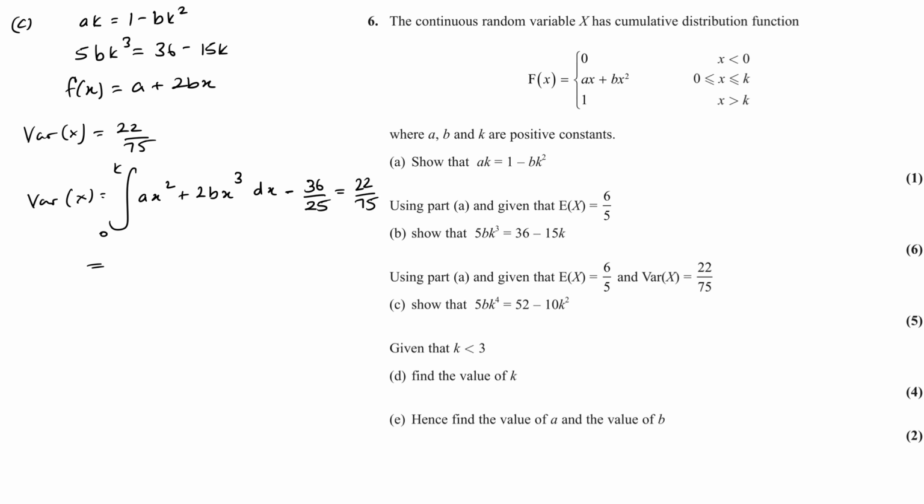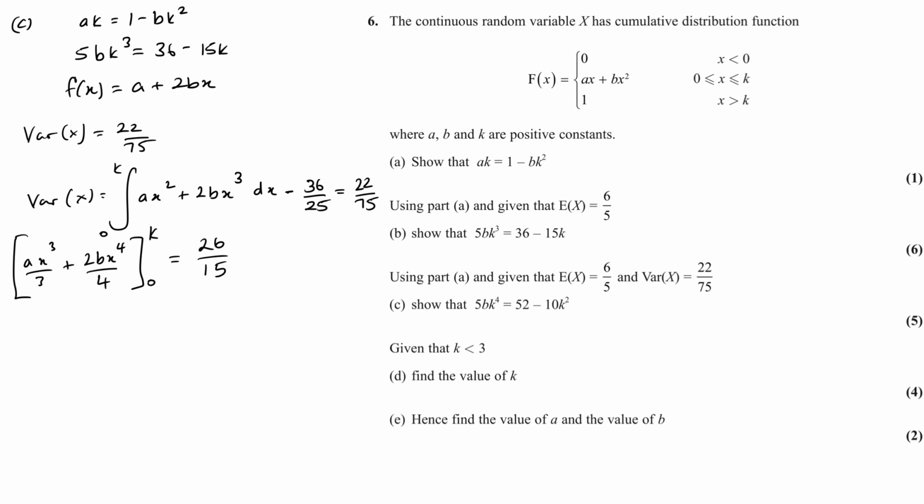So we have ax cubed over 3 plus 2bx to the 4 over, sorry, it's not over 3, it's over 4, between k and 0. I'll take the 36 over 25 to the other side. That gives me 26 over 15.